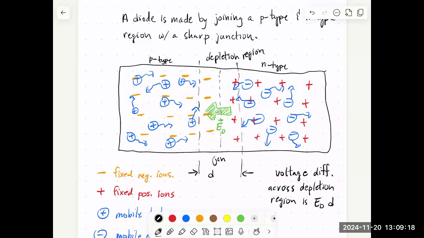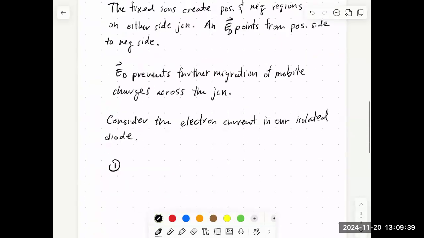Maybe some of them have enough thermal energy to do that, so there's some leakage of these electrons across this depletion region. The same thing would be true of the holes, but for now I'm just going to consider the current due to the electrons. We could say exactly the same thing about the hole contribution to the current.